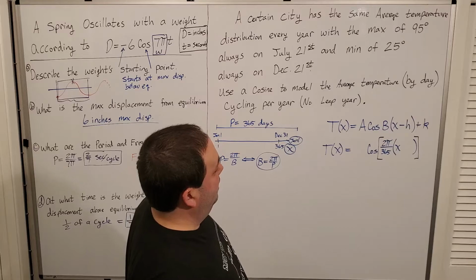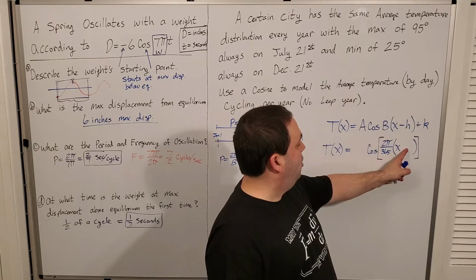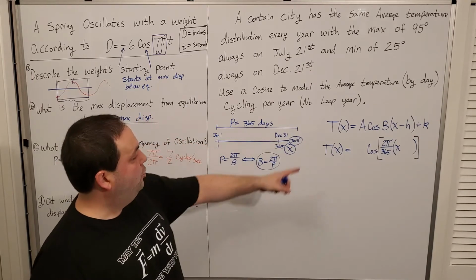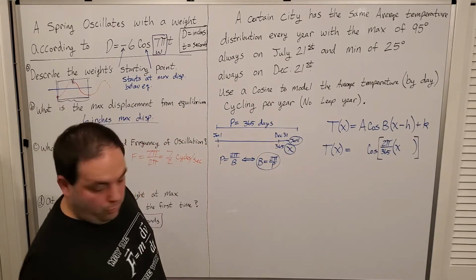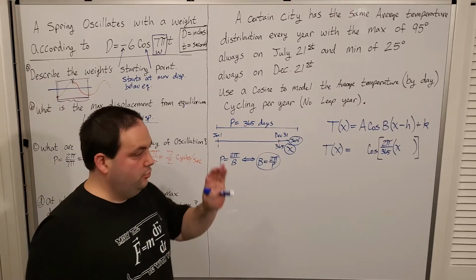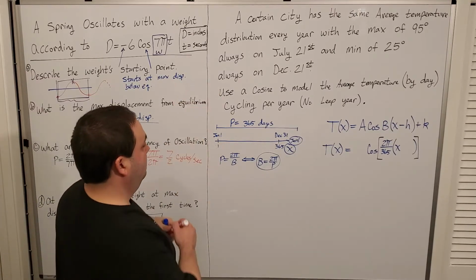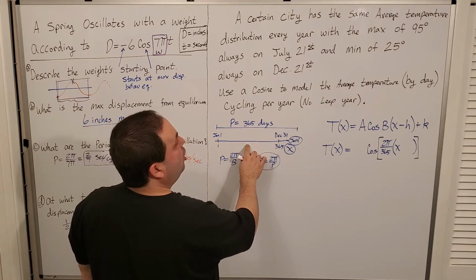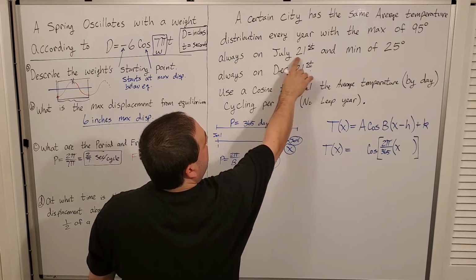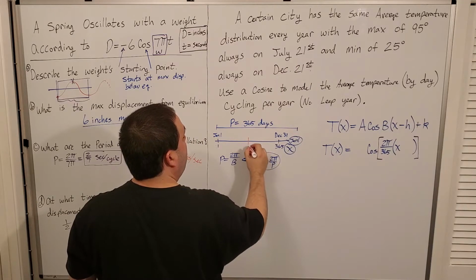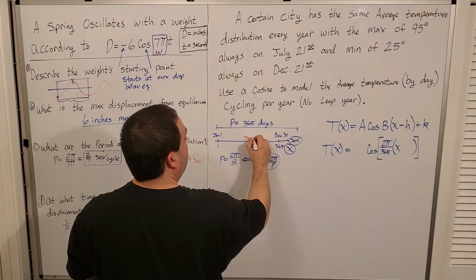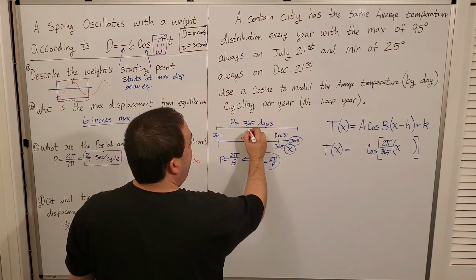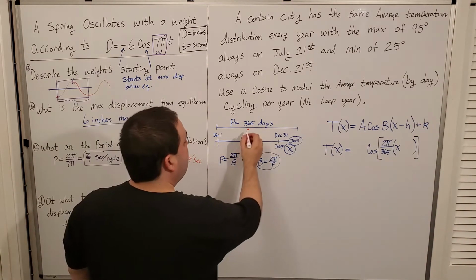All right, so then let's figure out what the horizontal shift from x is right here. Since we're doing a cosine, remember, a cosine likes to start on a peak. Well, where is the highest temperature occurring? Remember, it says right here, July 21st. So if this is July 21 right here, whatever day that is, then that's going to be the peak of the cycle.